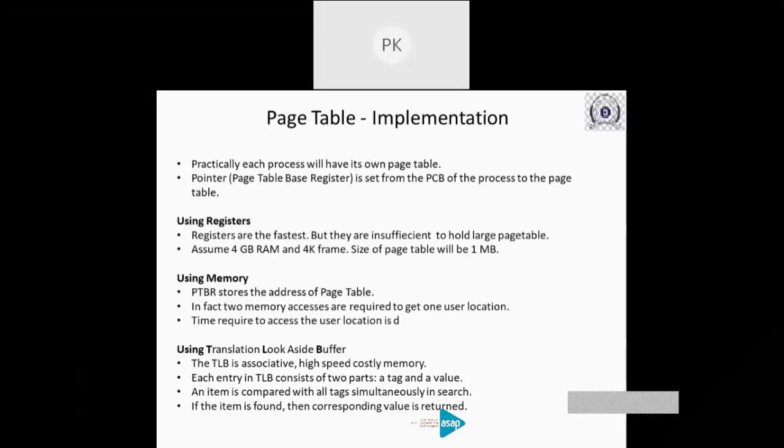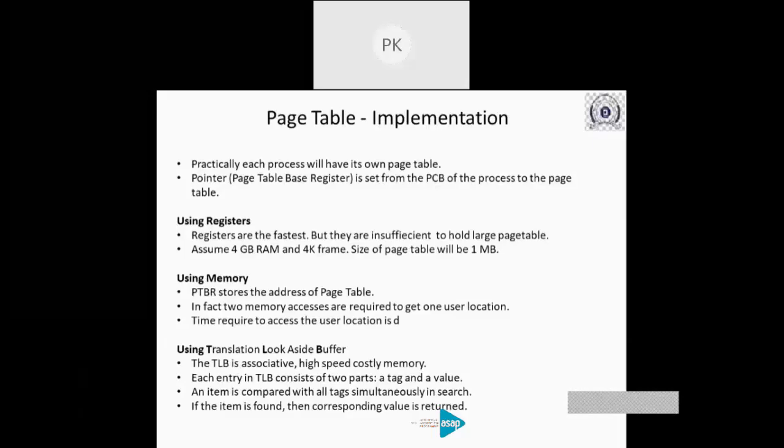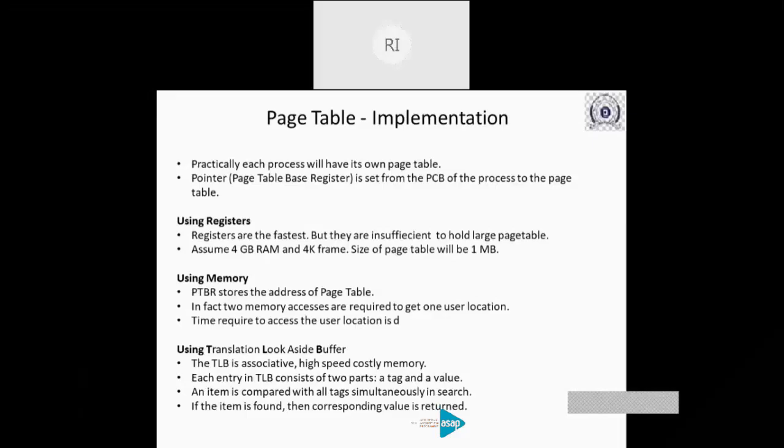How this page table is stored plays an important role in deciding the execution time of a program or a process. Because in order to access an instruction, first the CPU will generate the logical address, and using the page number, we have to refer to the page table and get the frame number.